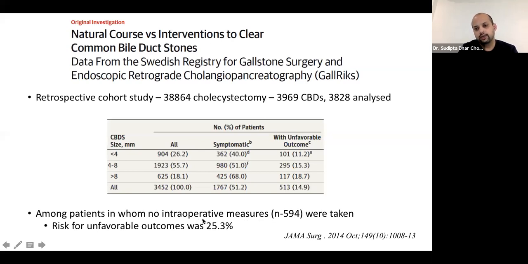The unfavorable outcomes in this context were pancreatitis, cholangitis, or cholestasis. And this was more so when the CBD stones were more than 8 millimeters. So what it goes on to show is that if we let the CBD stones go their natural course, then more likely we'll have an unfavorable outcome in approximately a quarter of the individuals.